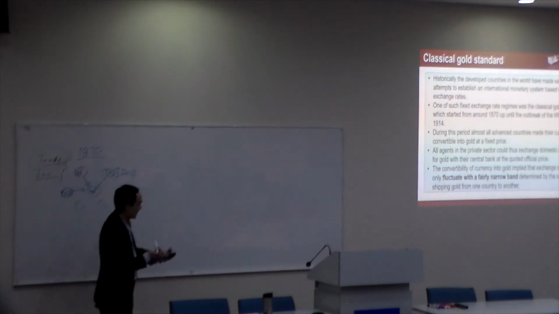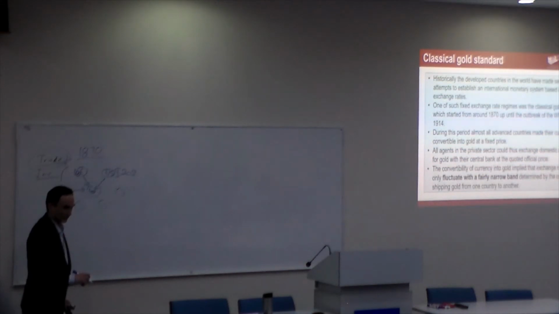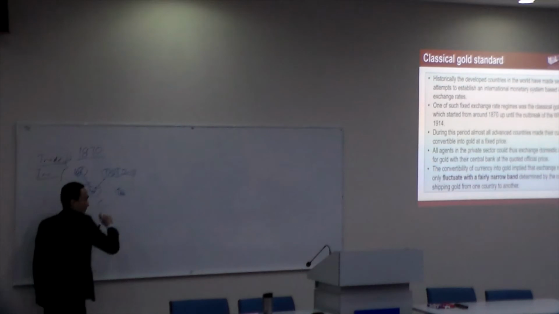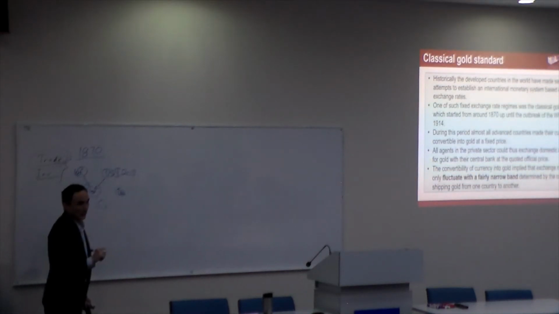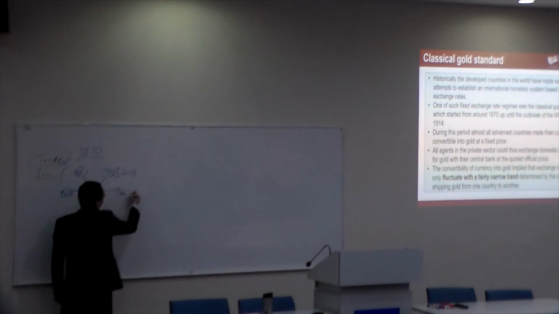Let's suppose we were not a member of that gold standard. Let's suppose Uzbeks are one of those members. To buy 1 kilogram of gold, we could buy it for 100 soon.